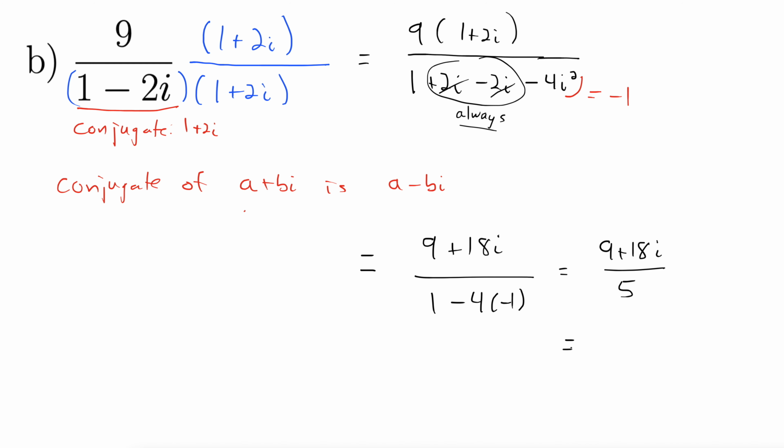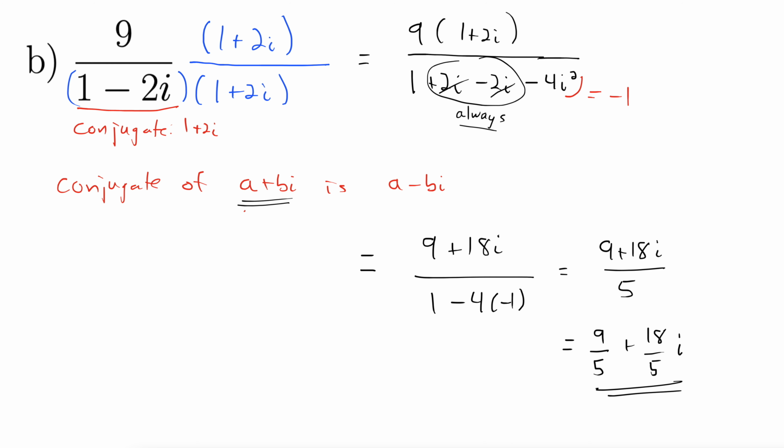But you don't write your answers like this. You want to have your answer in the form a plus bi. This is how we want our complex numbers written. This one isn't quite in that form, so we need to break it up as follows. 9/5 plus 18/5 i. Make sure nothing cancels, nothing does, so there's our final answer.